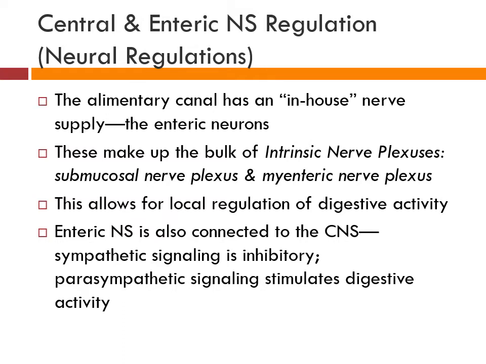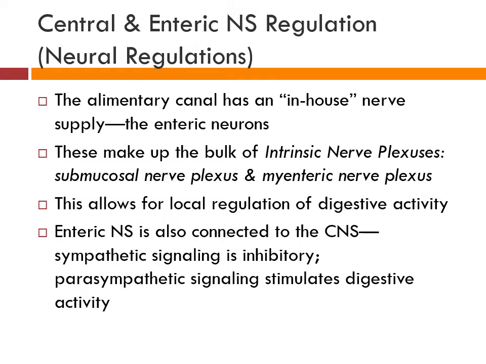So a little review about the regulation of the nervous system. The alimentary canal, which is another term for the digestive system or the gastrointestinal system, has its own nerve supply, and that's the enteric nervous system. They make up the bulk of the intrinsic nerve plexuses, which we have already discussed, the submucosal plexus and the myenteric plexus.